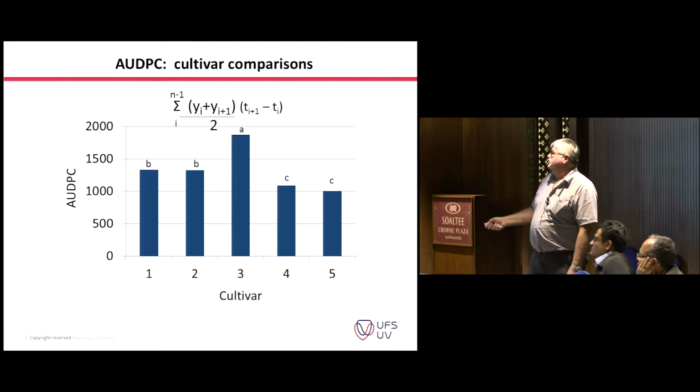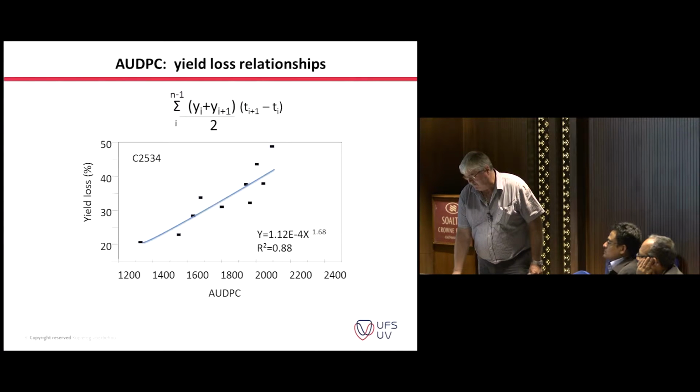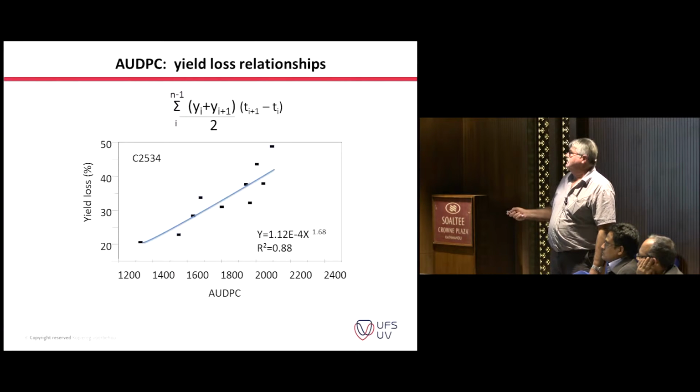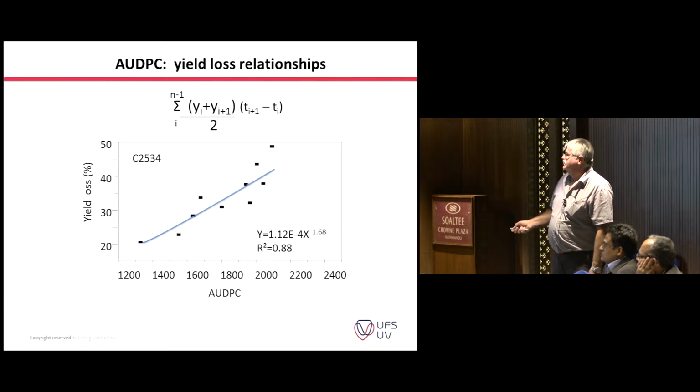I'm not going to go into area under disease progress curve. That was covered yesterday, the day before. But very often we use area under disease progress curve as an integrated synopsis of the disease over time. And we can use that in yield loss models.